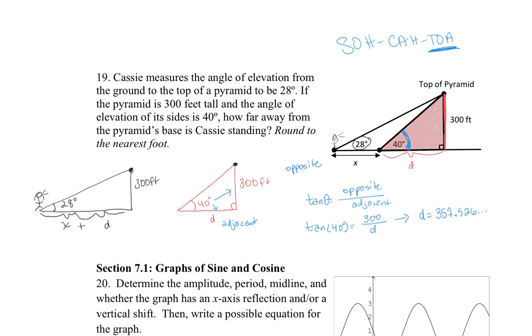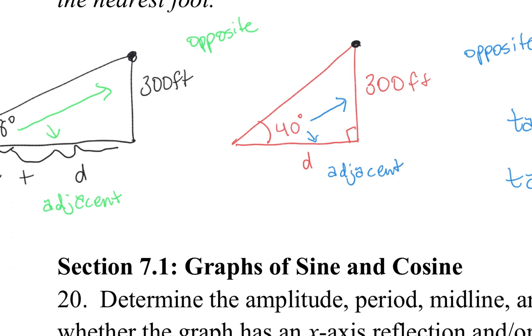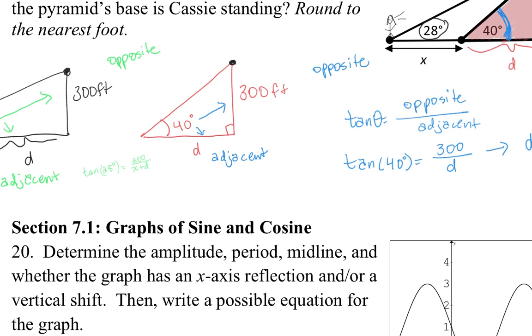Okay, so I'm going to do that over here on this other triangle. In reference to our 28 degrees, this is our opposite side and this is our adjacent side. Again, we will be using tangent. So tan of theta, 28 degrees, is equal to opposite over adjacent, X plus D. We found from over here that D is 357.526.